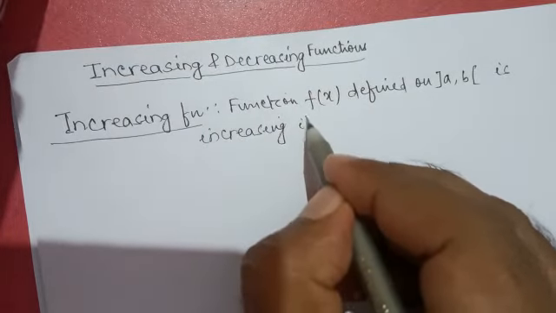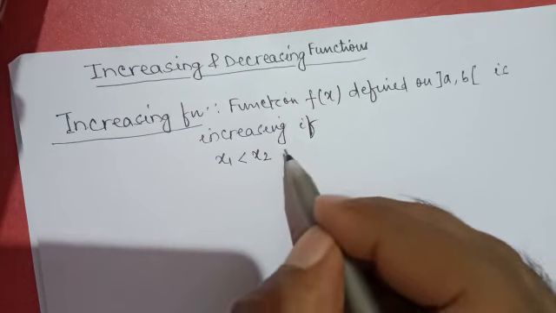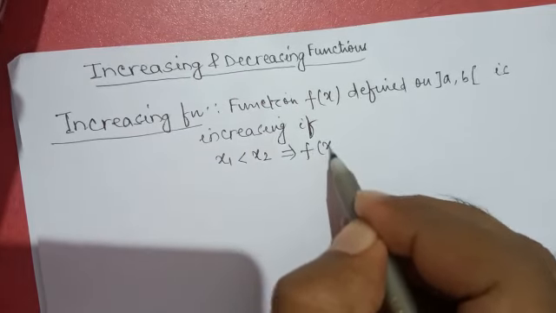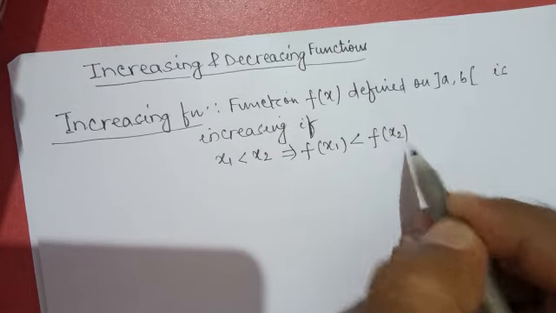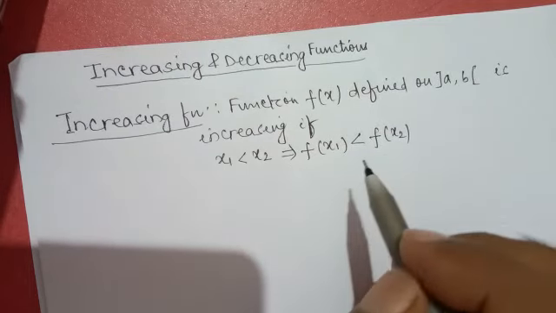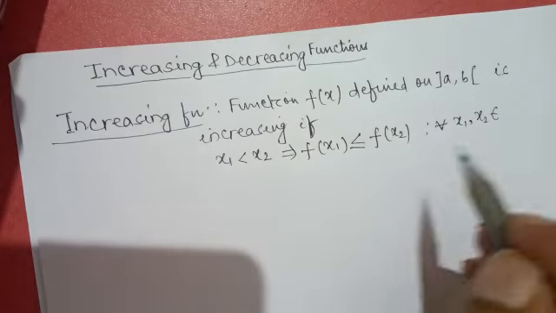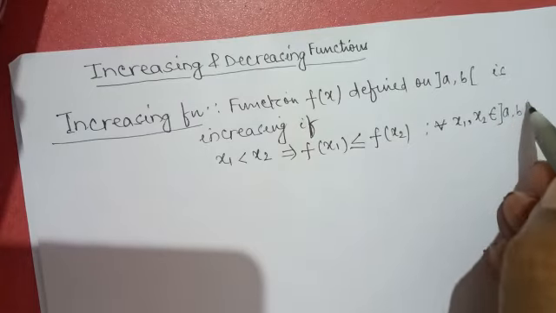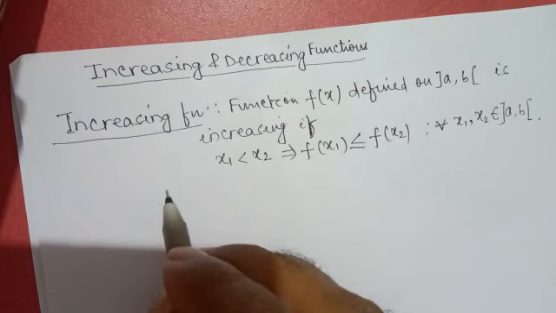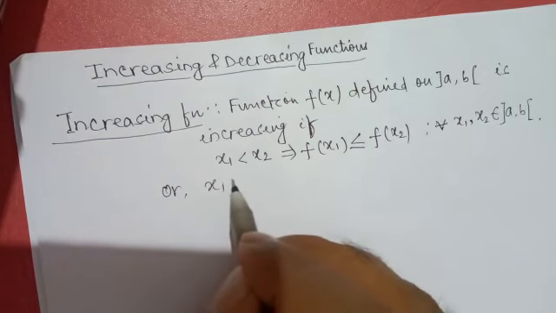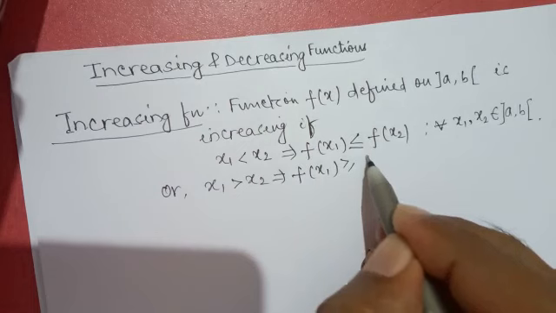if x1 less than x2 implies f(x1) is less than or may be equal to f(x2), for all x1, x2 belonging to the given interval (a, b). Otherwise, if x1 greater than x2 implies f(x1) is greater than or equal to f(x2).